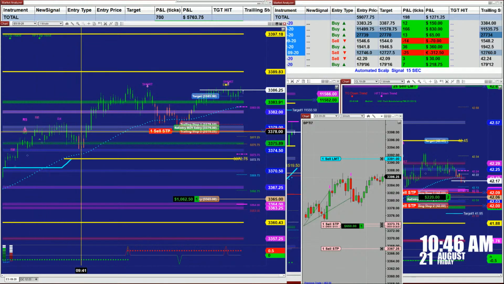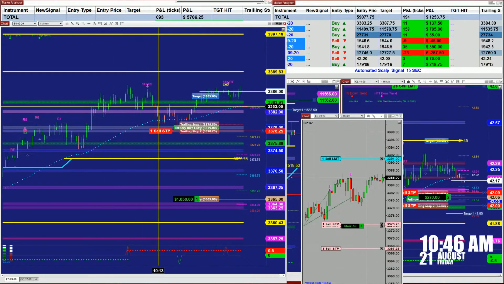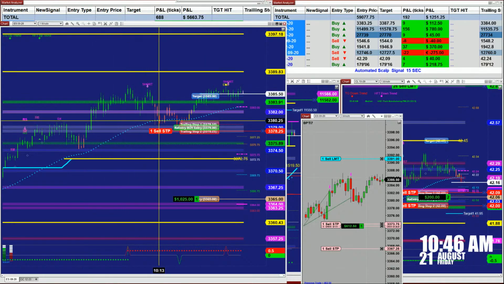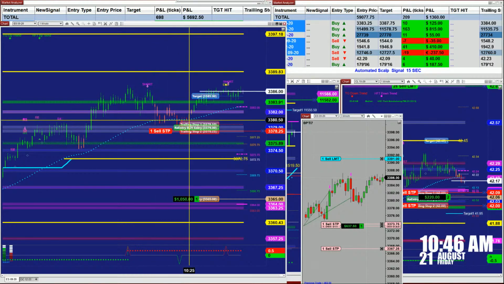This means we have a very strong trend. But then the market came in and sank into the moving average. And now we noticed that from 10:11 to 10:25, 15, 20 minutes, it was touching that moving average.